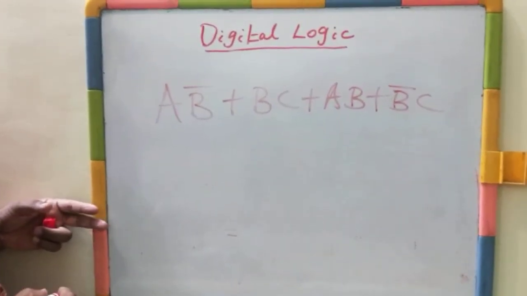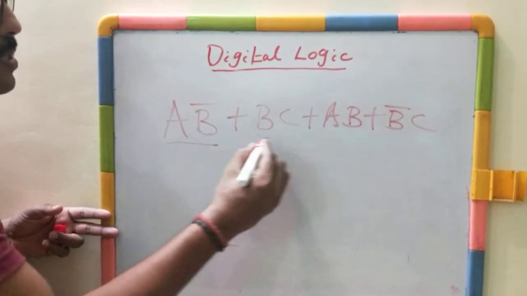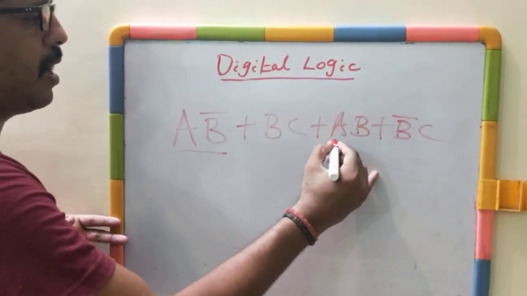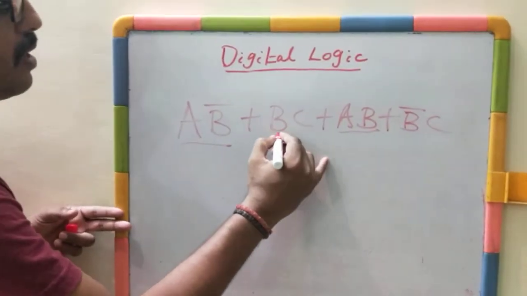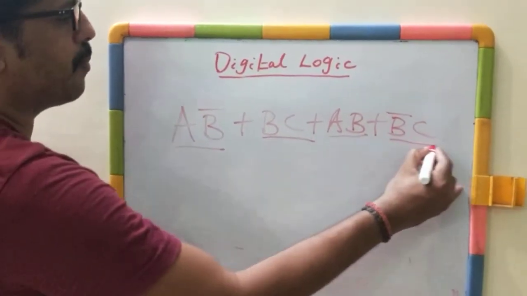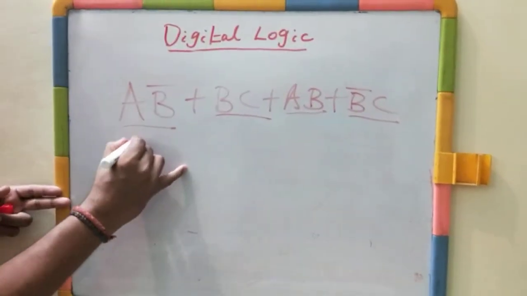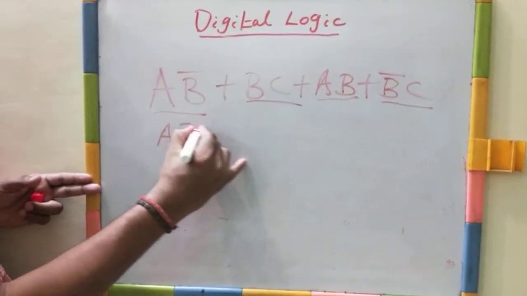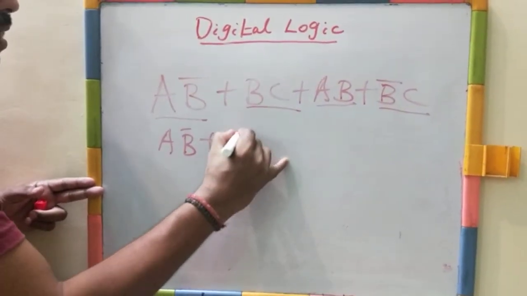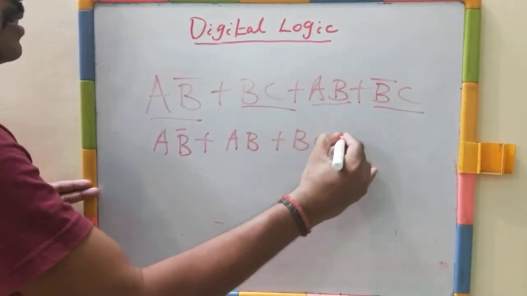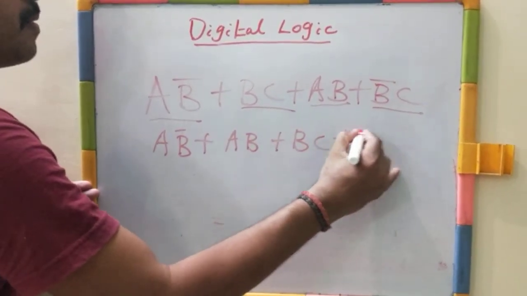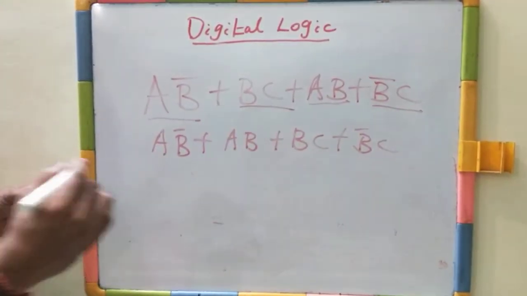Now we will combine these two terms, AB dash and AB, because we have A as common, and similarly we combine these two terms. Now we write it like this: AB dash plus AB plus BC plus B dash C.